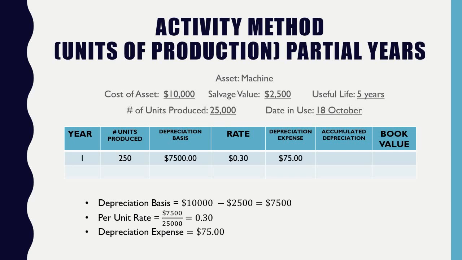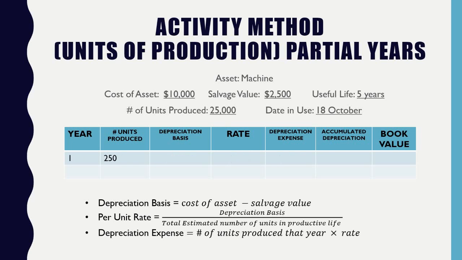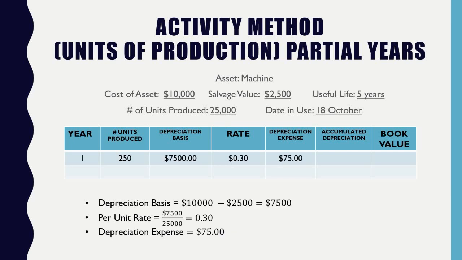And then the rate is going to be the 7,500 divided by your capacity of 25,000, which gives you 30 cents. So for my first year, I made a total of 250 units, and at 30 cents per unit, I multiply to get a total of $75.